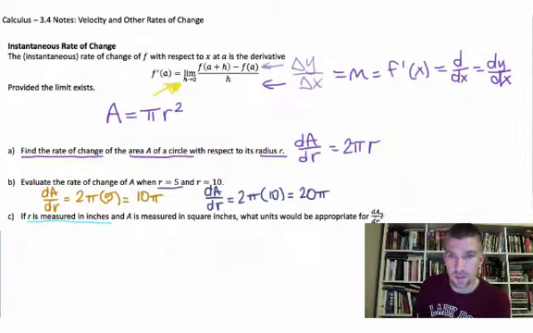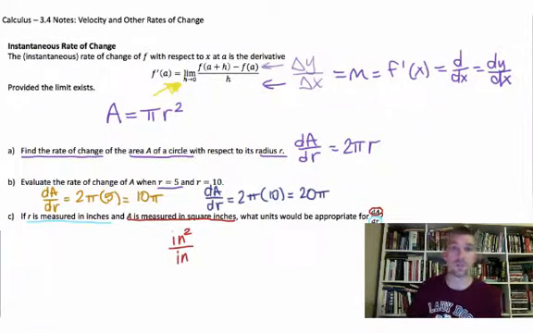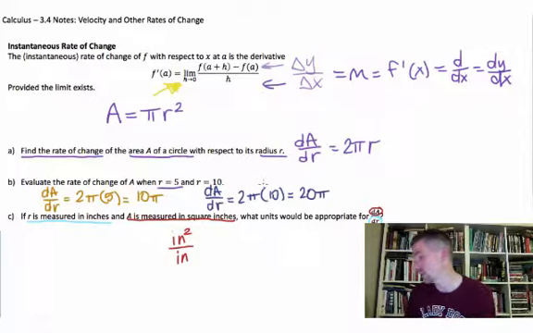The r is on the bottom, and then we're told that the A is measured in square inches. That's on the top, so it would be appropriate in this case to talk about inches squared per inch. Now, I know this reduces, but when you're working with a derivative, you just simply leave your units alone and don't mess with it too much at all.